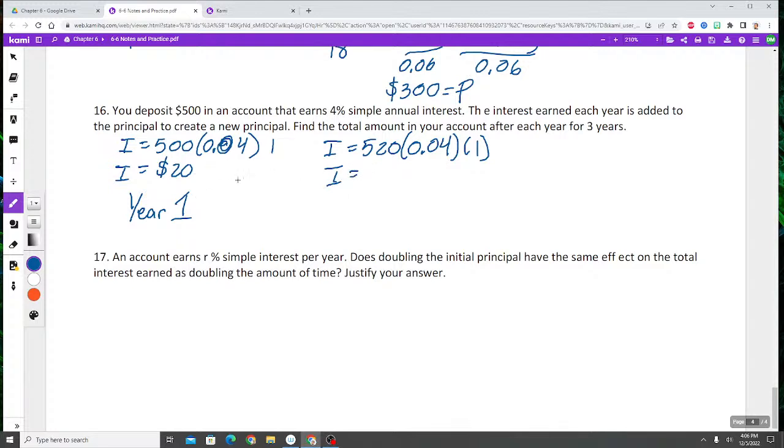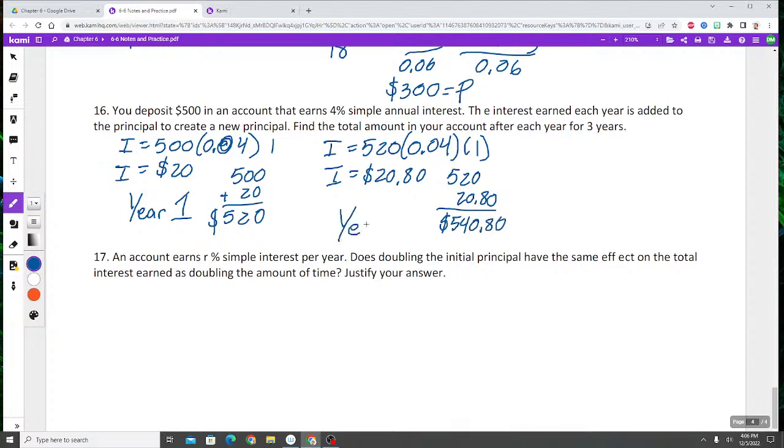Oh, by the way, I got 520 because 500 plus 20 is 520. So now, 520 times 0.04 times 1 gives us, this time, $20.80. So that means that we've got 520 from last year plus $20.80. So that's $540.80. That's year 2.